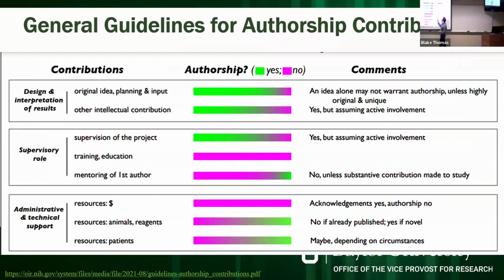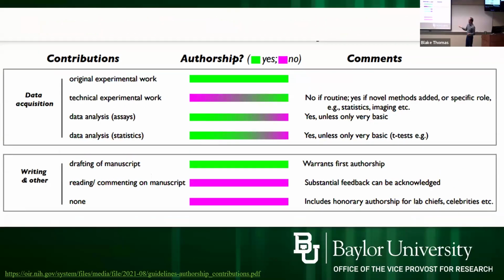So did they supervise and were actually involved in the project? Yes, there should be a full-time author on there. If they provide just general training in the lab but didn't do anything else, probably not. All right, so with a lot of these, it just depends on where they fit, in terms of if it's more like yes or more no, no being the magenta area here across the different roles, whether even a data acquisition, a little more technical, if they just ran genotyping in the lab, should they be on all the things that animals are genotyped for?